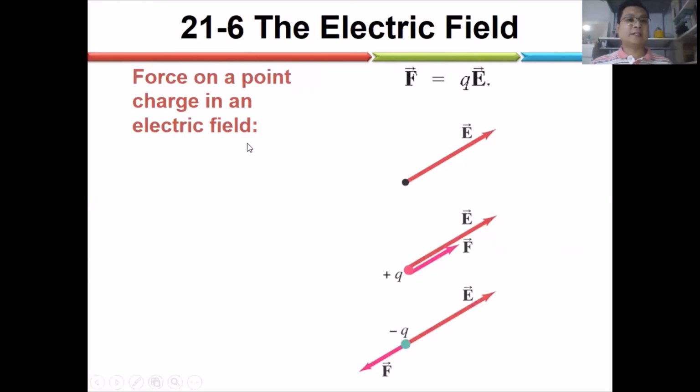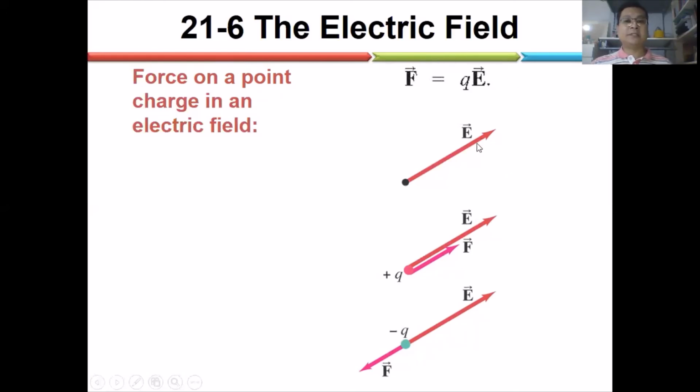Okay, force on a point charge in an electric field. Referring to the formula, the force on the charge equals Q times the electric field. If Q is negative, the force is in the opposite direction to the electric field. If Q is positive, the force is in the same direction as the electric field.